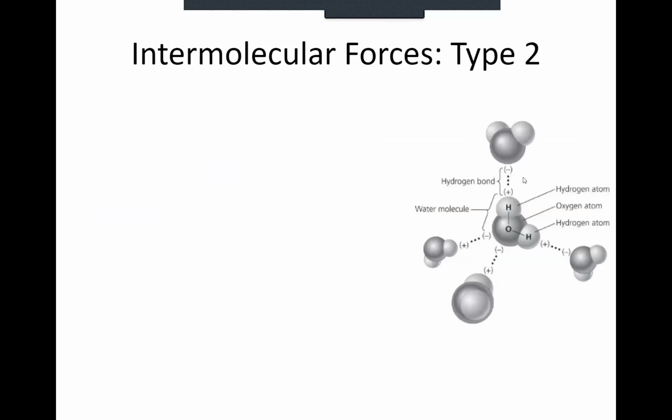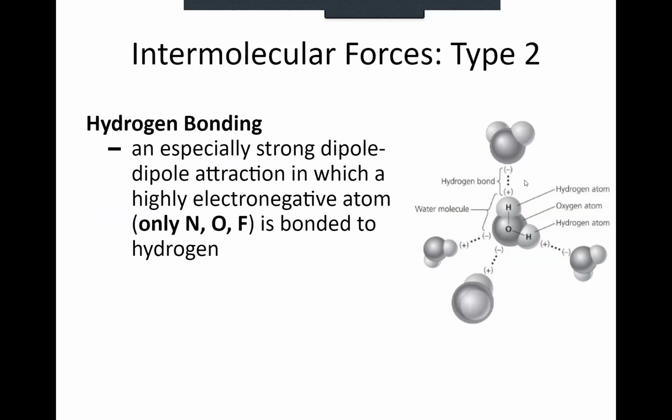Which brings us to type 2 of the intermolecular forces, hydrogen bonding. Hydrogen bonding is of the same nature as the dipole-dipole attraction, polar molecules attracting each other. But there's a specific case. We need a specifically hydrogen bonded to one of those extremely electronegative elements, fluorine, oxygen, or nitrogen.